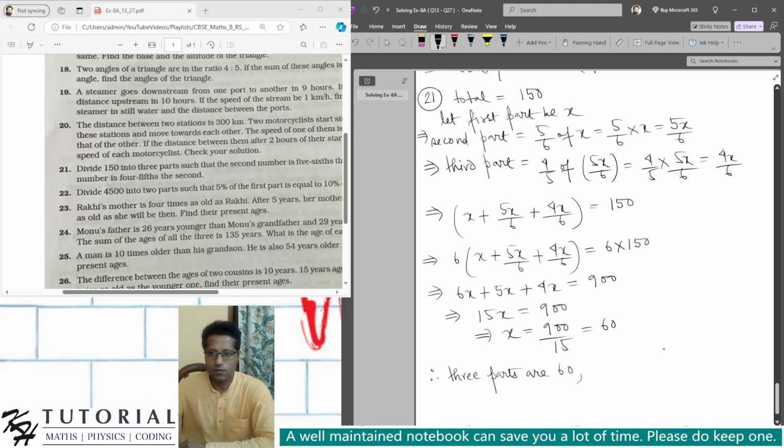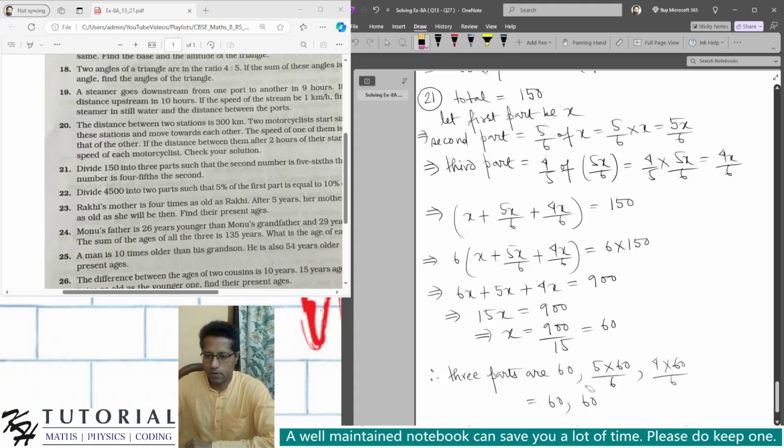The second part will be 5x/6, and x is 60, so 5 times 60/6, and the third part will be 4x/6, so 4 times 60/6.